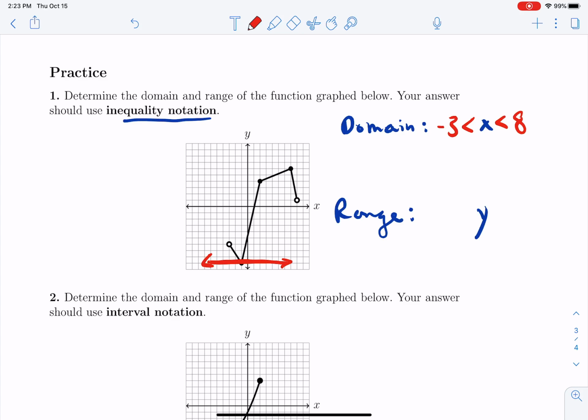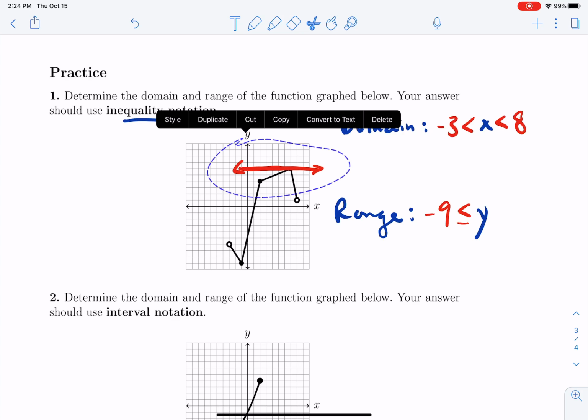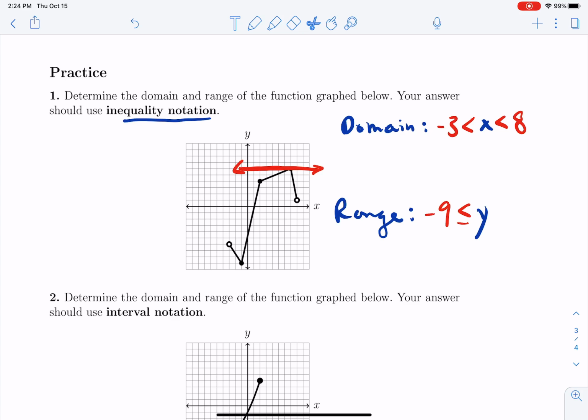That's at negative 9, and that's a filled-in dot, so it's included. Our largest y value is all the way up here, and that occurs at 6, so less than or equal to 6. And again, it's a filled-in dot, so it's included.